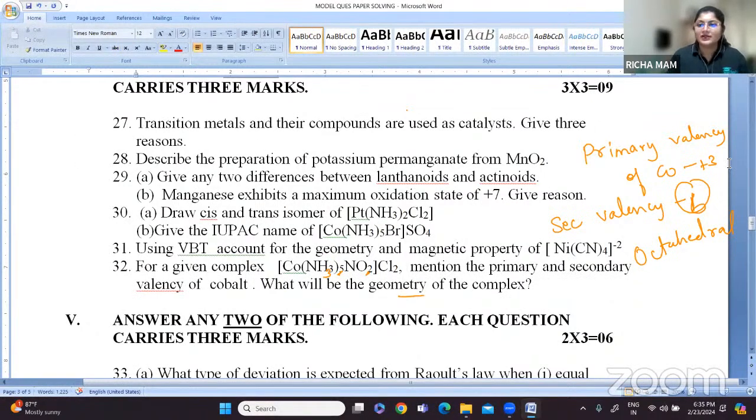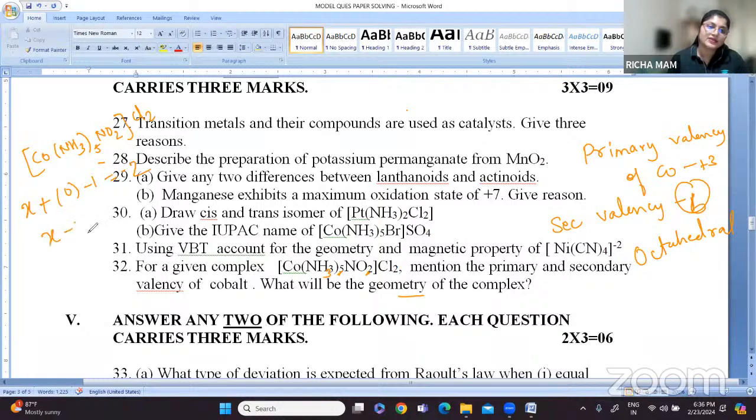So if I see here, cobalt, NH3 5, then NO2, Cl2. Now here, cobalt is x, then 0 minus 1 equals -2.